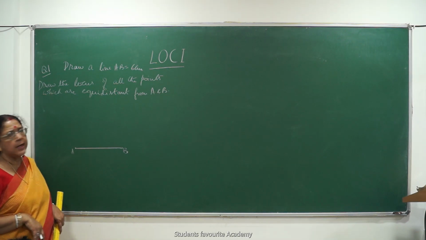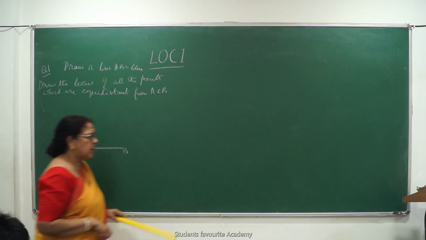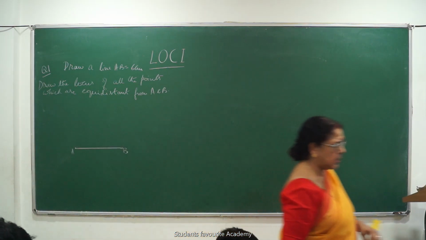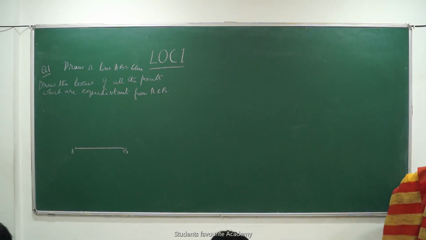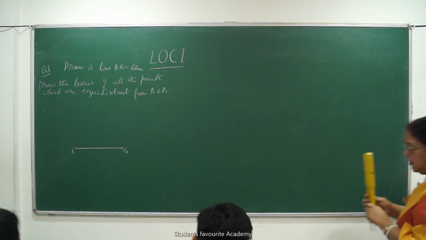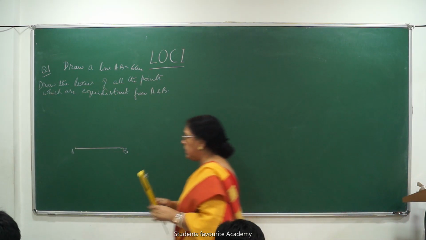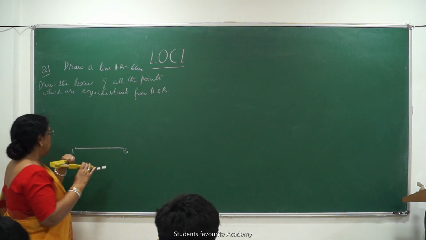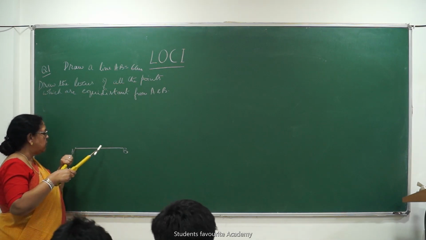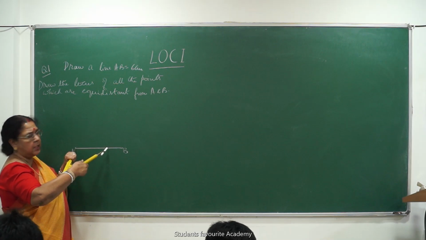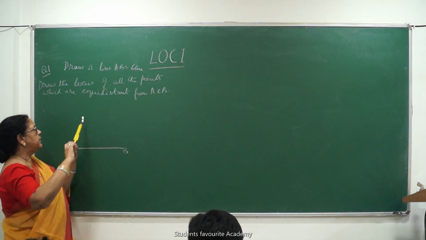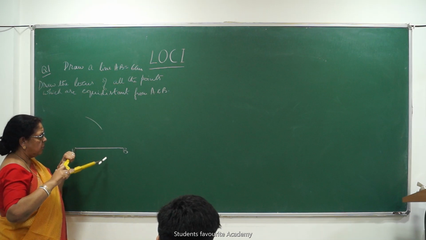So you have drawn AB. Now you have to draw the perpendicular bisector. So take the compass and put the pointer at A, and with radius equal to more than half of AB, approximately. More than half of AB, draw like this, 2 arcs on both sides of AB.